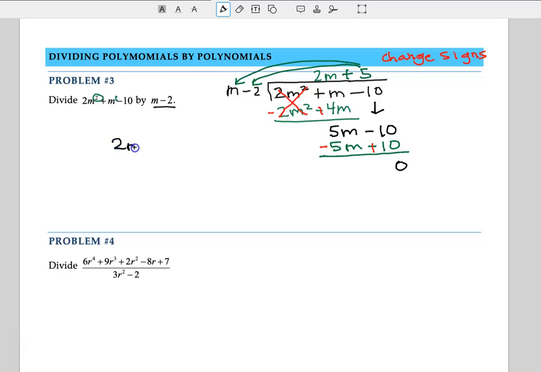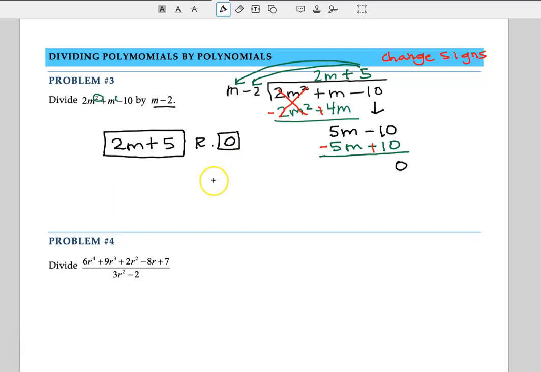All right, so we won't have to do anything else with it except just leave our answer. Our answer would be 2m plus 5 because there's no remainder. However, if it gives you on the homework a place for the quotient, so the quotient means like the answer to a division question, so that's this 2m plus 5, and then they also give you a blank for the remainder, and if our remainder is 0, make sure you put a 0 in there, because if you leave it blank, it just thinks that you just didn't put it in.